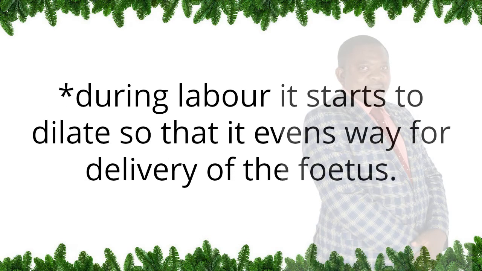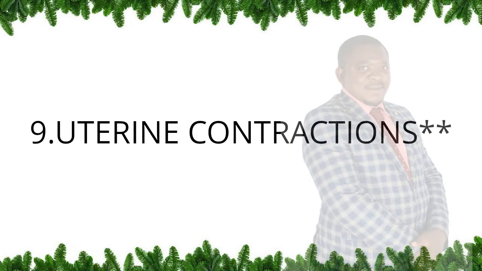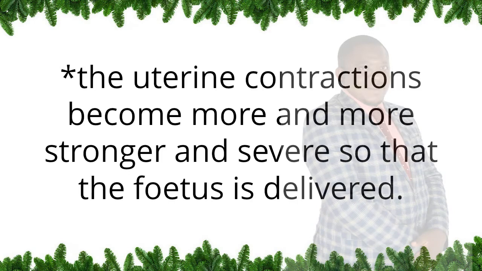During labor it starts to dilate so that it gives way for delivery of the fetus. It takes 1 hour per 2 cm in multigravidas and 1.5 to 2 hours per 2 cm in primigravidas. 9. Uterine contractions. The uterine contractions become stronger and more severe so that the fetus is delivered.